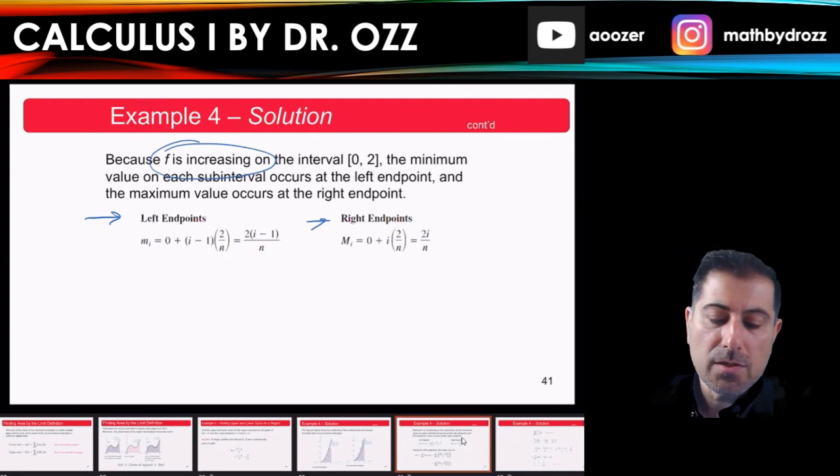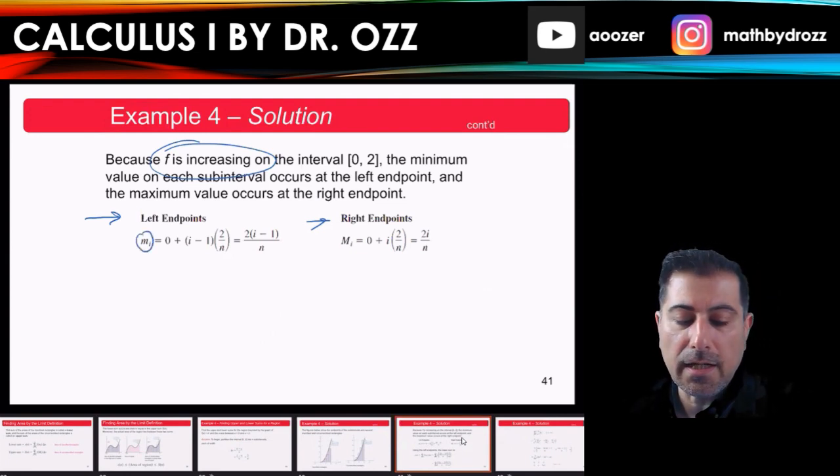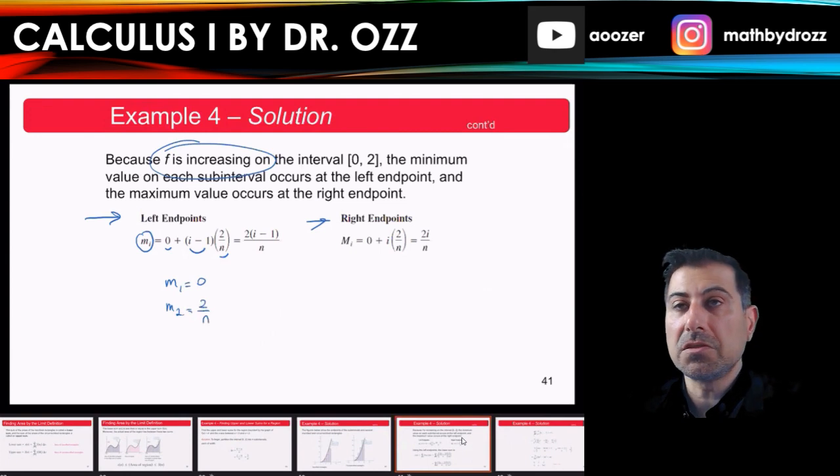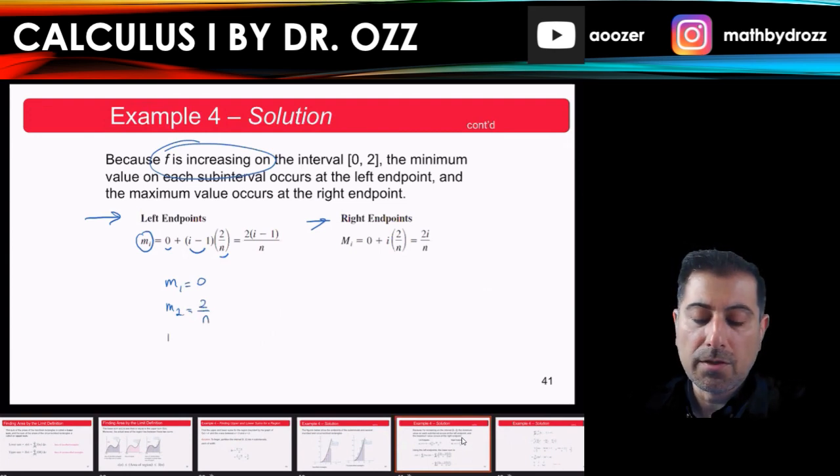Okay, so then we're going to look at the left endpoints here. It's 0 plus i minus 1 times 2 over n. Essentially, it means that if i starts from 1, for example, then m1 is going to be 0, m2 is going to be, with i equals 2, 2 over n, which is delta x essentially, right? m3 is going to be equal to 2 times 2 over n.